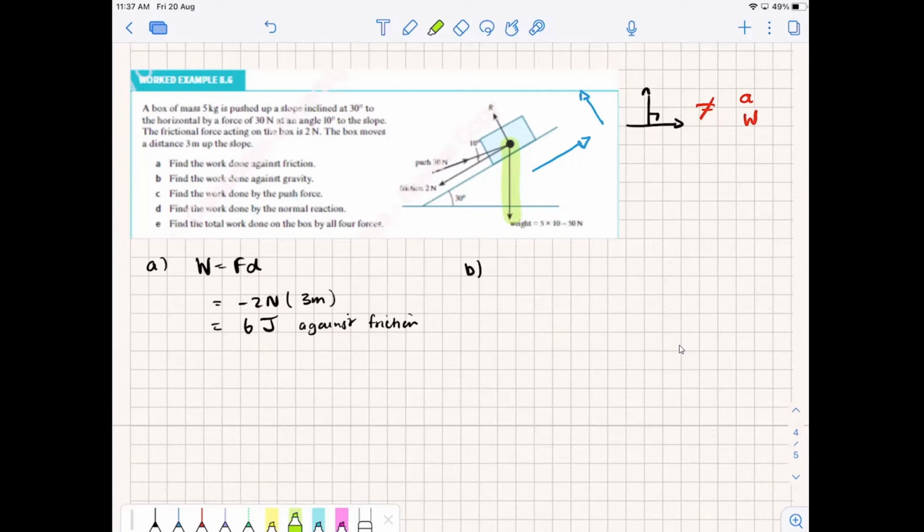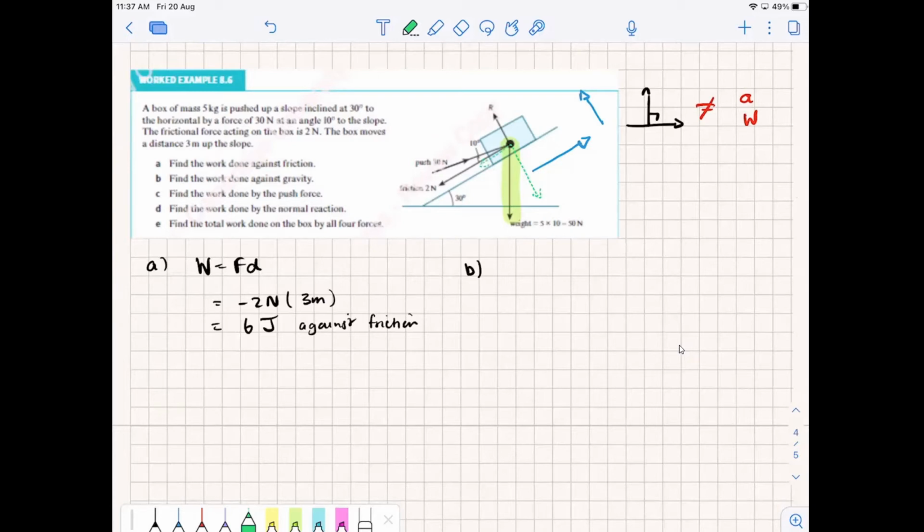Because it's at an angle to the direction of motion, there are two components to that weight force. One of those forces is in that direction, and the other force is acting in that direction.